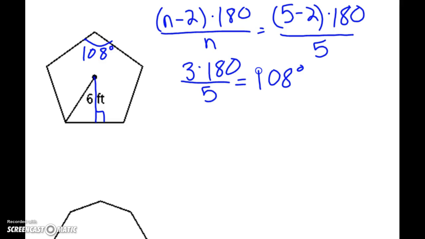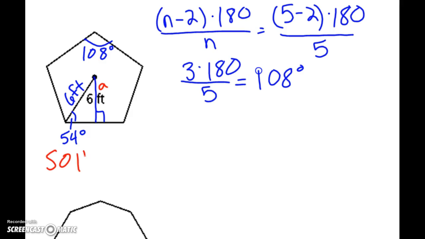That means this corner here has 54 degrees. We know that the radius is 6 feet. I need both the apothem and the side length, so I'm going to start off by looking for the apothem. Here, with 54, the apothem is opposite and 6 feet is the hypotenuse.